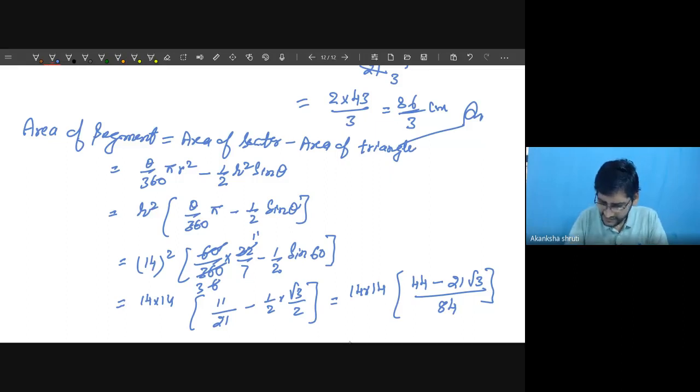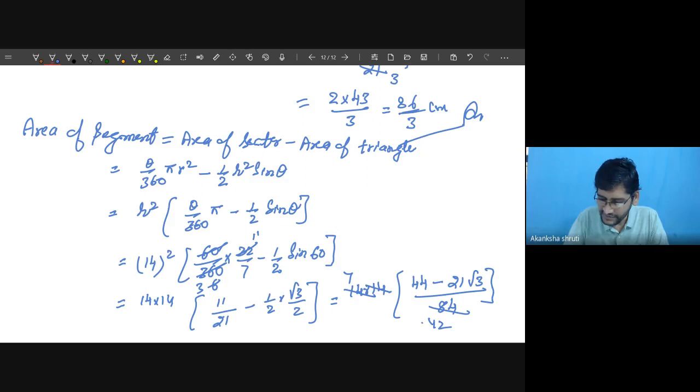You may cancel some of the factors, like the 7 can be cancelled, or the 2 we can cancel first, and even the 4 can be cancelled. Cancelling the 2, it becomes 42, it becomes 7, and again we may cancel with the 14.